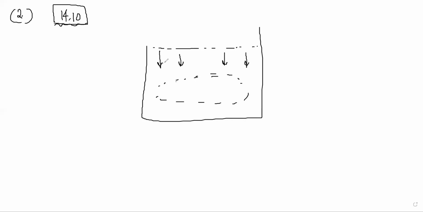So if a molecule is taken from here and taken to this surface, there is work done on it which is negative, right? Which is against this force. Like it actually wants to go down. If you are bringing it up and up, it will face forces downward, right?